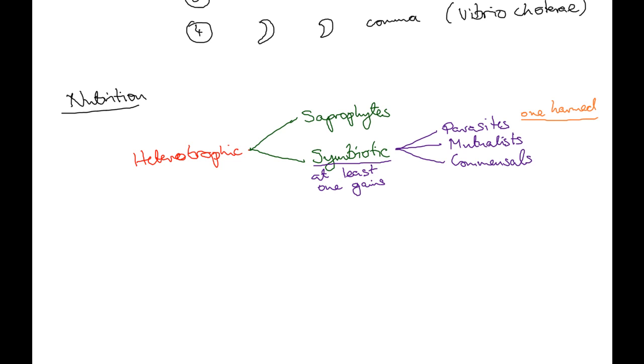In the case of parasites, one is harmed. In the case of mutualists, they both benefit. And in the case of commensals, one benefits, as we said, which is the case for all symbionts, at least one gains, but there's no effect on the other one.